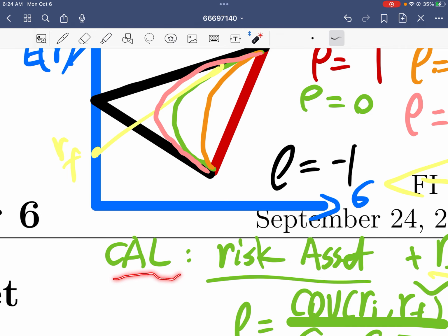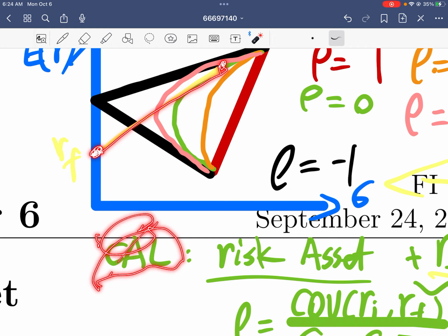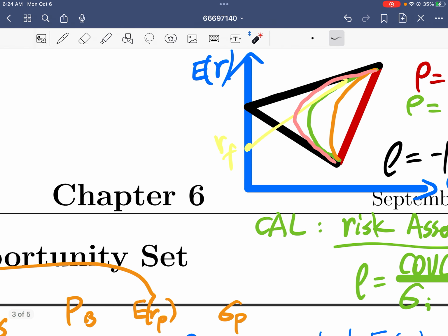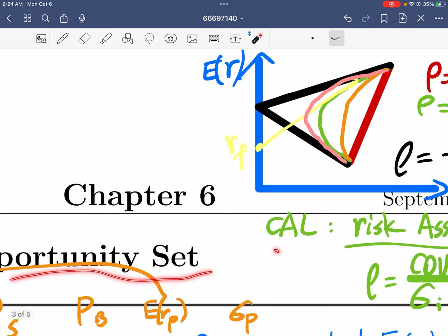What we can do is the capital allocation line we did earlier. We find our portfolio and connect it with the risk-free point. That's actually the capital allocation line we talked about in chapter 5. It's actually the opportunity set for the portfolio with risky asset and risk-free asset, but we don't necessarily call it opportunity set.